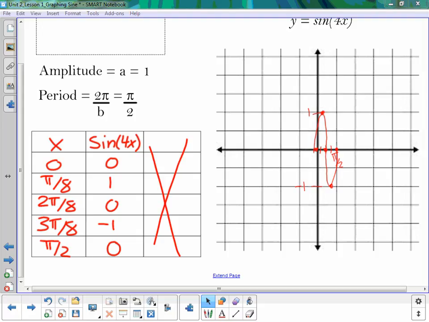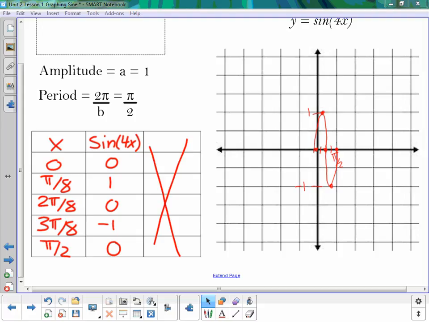Okay, so the bigger I make b, the smaller my period gets, and the more compact my graph gets. I'll tell you. So the amplitude stays the same.